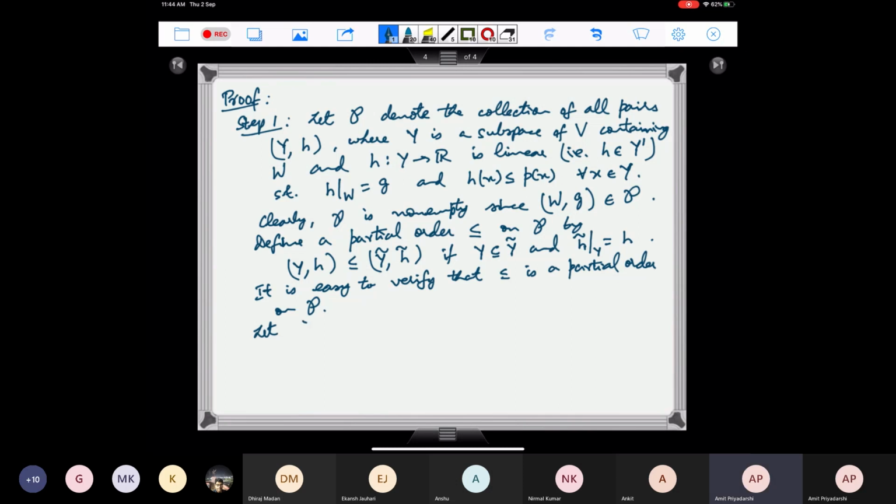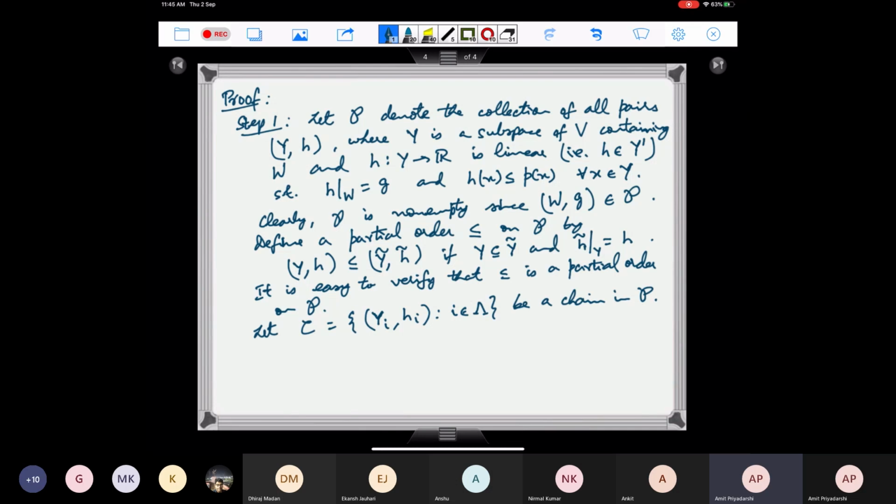So let's call C equal to some (Y_i, h_i), i belonging to some index set Lambda, be a chain in P. Which means that this is a totally ordered subset of P. So if you take any two elements, then we have that one is less than or equal to the other.